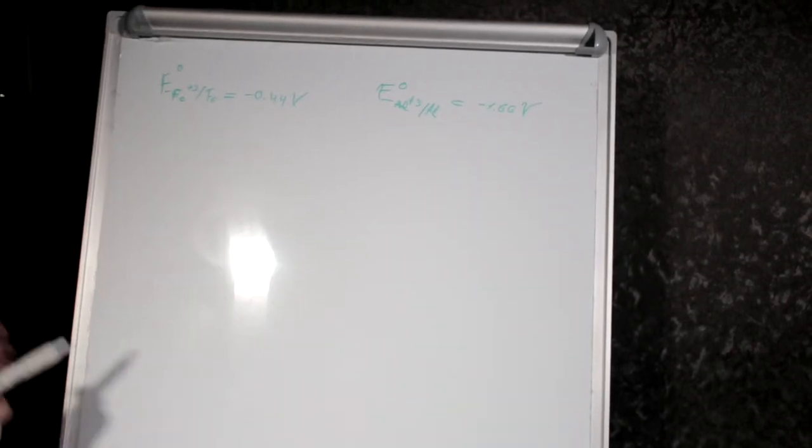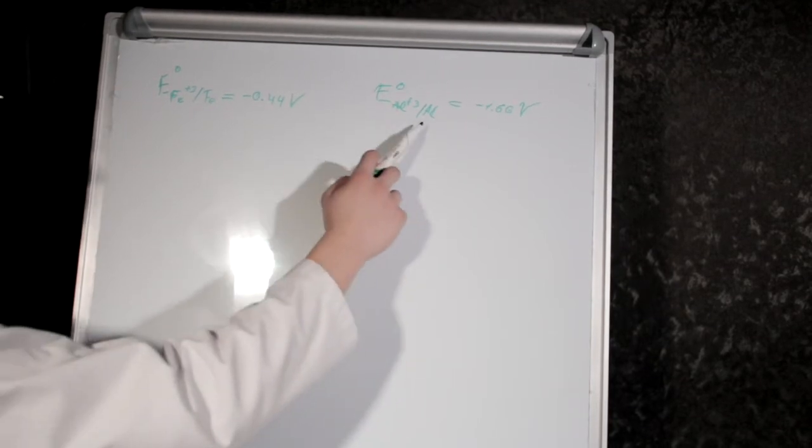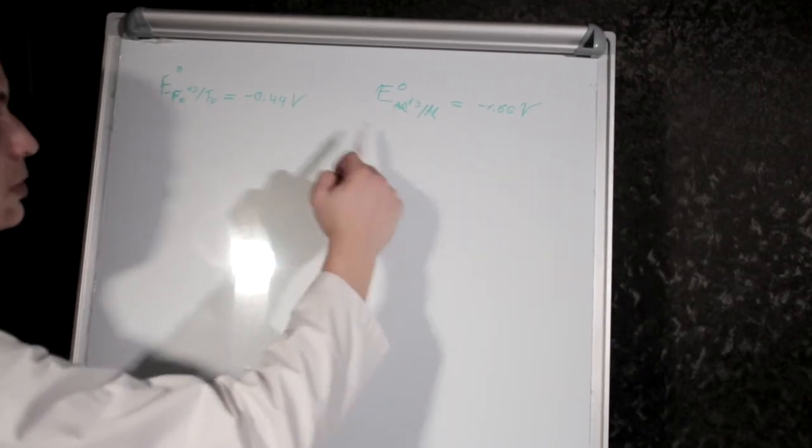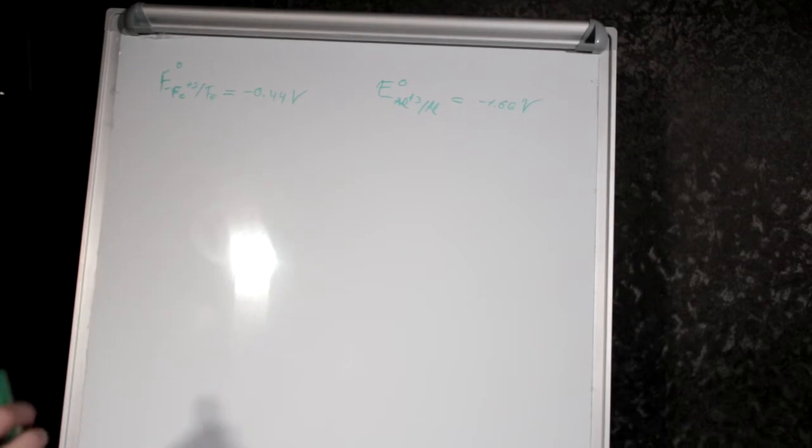So yeah, we can definitely see that aluminum has a lower electrode potential than the iron one.